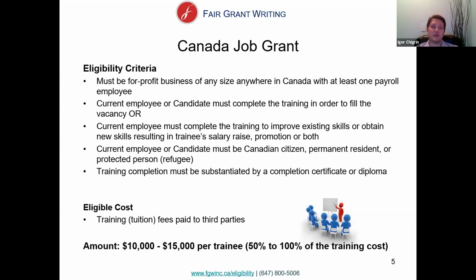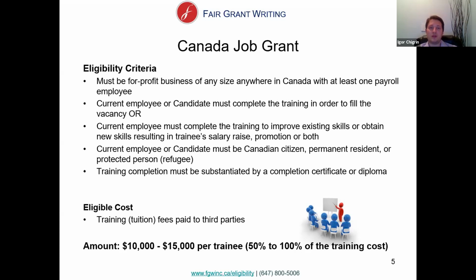The program provides a government grant for third-party training. So it's training that has to be done by an external training provider. If you are training your co-worker, you cannot qualify, it's not eligible. But if you invite a third-party lean training company to help your employees get the knowledge of the lean concepts and become more productive, in this case, this training will qualify.